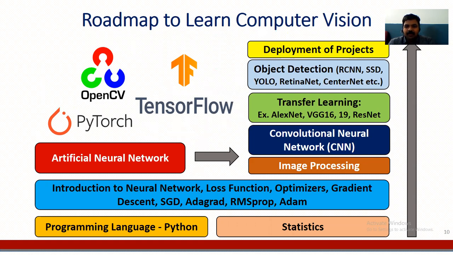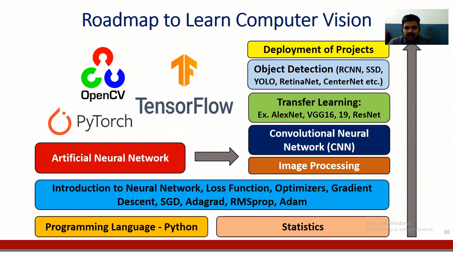So finally, deployment of projects. I already told you, if you want to deploy or develop a project, first you should be aware of the Python programming language, because Python has so many open source libraries, and these libraries are very helpful to develop a project within a short span of time. So we should know about TensorFlow, PyTorch, and OpenCV.